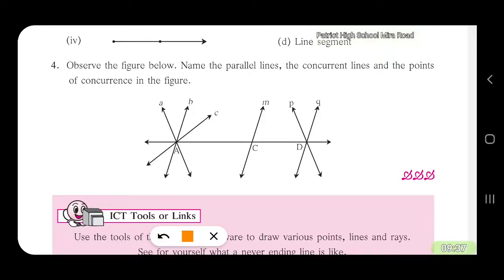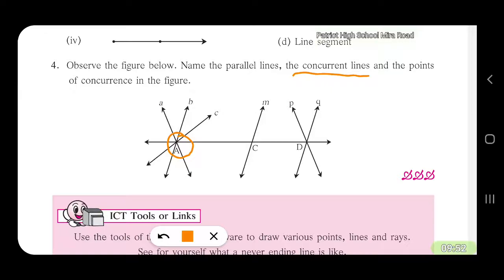Now consider the concurrent lines. Concurrent lines mean the lines have to pass through a single point. Now consider the point A. How many lines are passing through it?